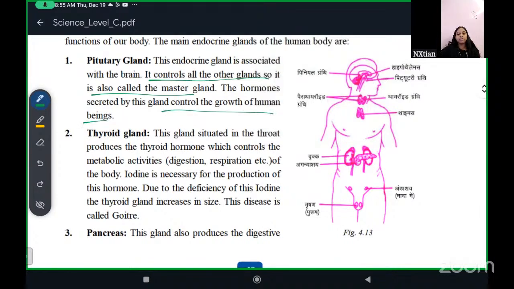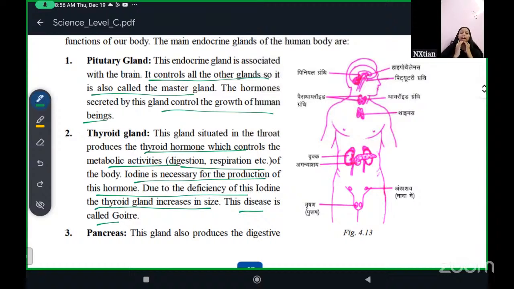Next, we have the thyroid gland. It's situated in the throat and produces thyroid hormone, which controls metabolic activities such as digestion, respiration, etc. Iodine is necessary for the production of this hormone. Due to the deficiency of iodine, the thyroid gland increases in size, and this disease is called goiter.